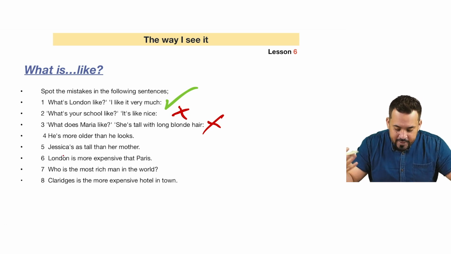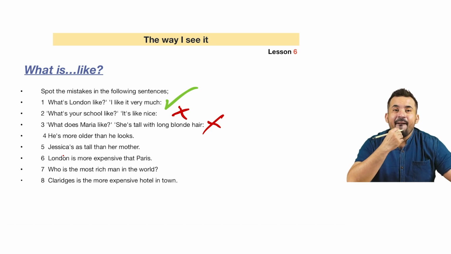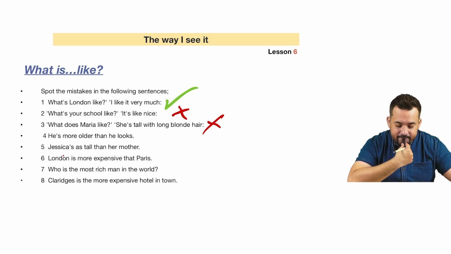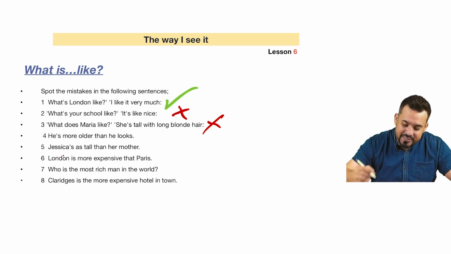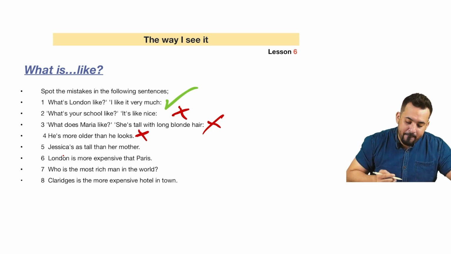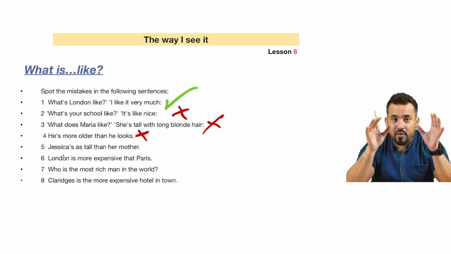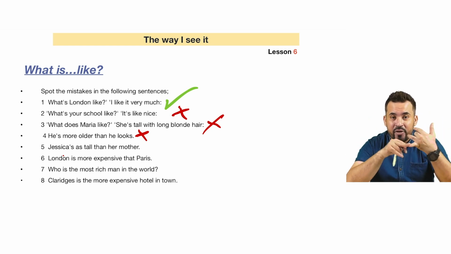Number 4. He's more older than he looks. What do you think? Okay, now this is wrong. Why is this wrong? If you remember last course, we talked about comparative adjectives and superlative adjectives.